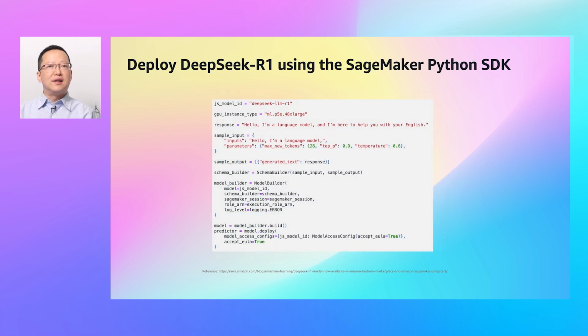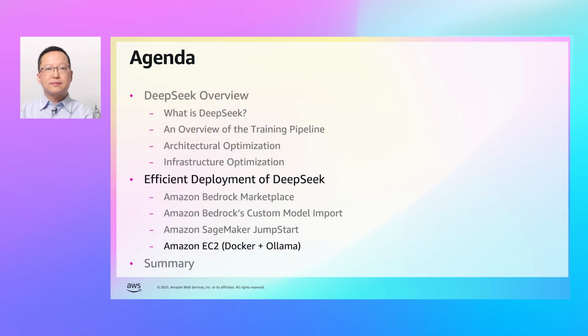In addition to the interactive method, you can also deploy the DeepSeek R1 model using the SageMaker Python SDK, as demonstrated in this slide. Next, let's explore how to deploy the DeepSeek model on Amazon EC2, which represents one approach to private deployment.